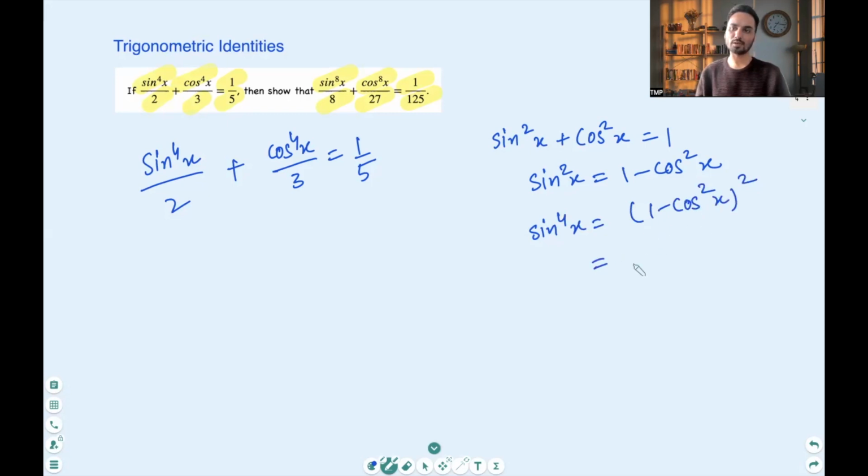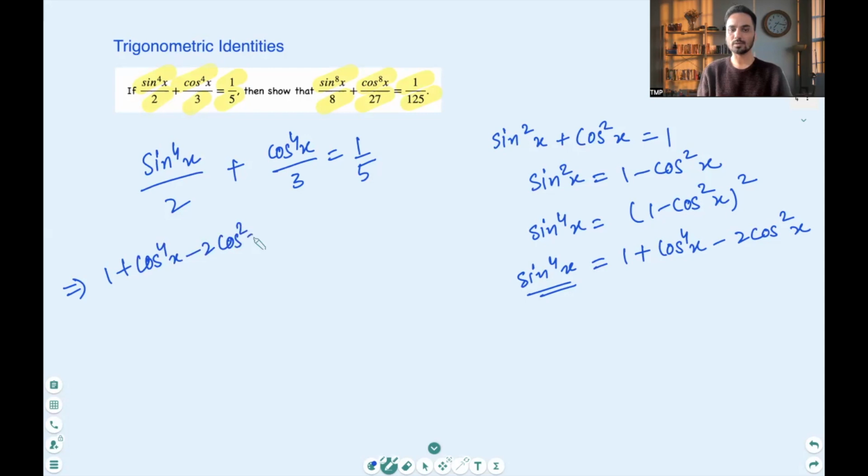And on the right hand side, if I use the identity (a − b) whole square, we'll get 1 + cos⁴x − 2cos²x. That means we can replace sin⁴x with 1 + cos⁴x − 2cos²x, and we have divided by 2 plus cos⁴x divided by 3 equals 1/5.